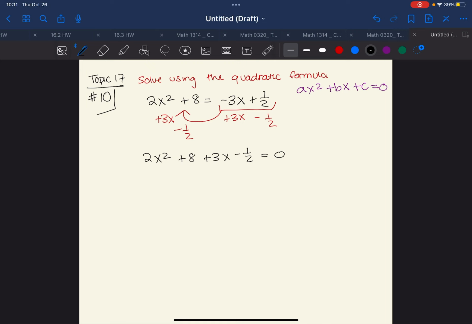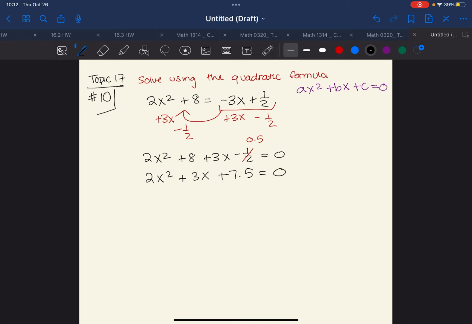Okay, we know that 1/2 is the same as saying 0.5. So if we combine our like terms of 8 and minus 0.5, we're going to get 7.5. So we have 2x squared plus 3x plus 7.5 equals 0.